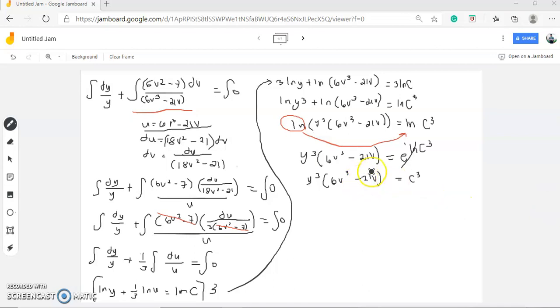Okay. Unsa may kuwang nato ani? Unsa pa may kuwang nato ani? Ano ba? So may kuwang nato.